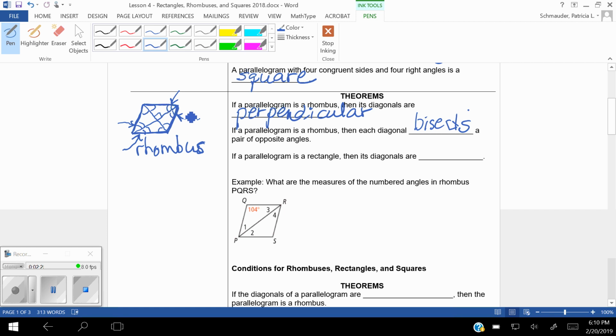Do you remember why I've done that? Oh, because it's a parallelogram, so I know that those opposite angles are congruent. Therefore, if they're both bisected, then I know all four of those angles will be congruent. Okay, if a parallelogram is a rectangle, then its diagonals are congruent.